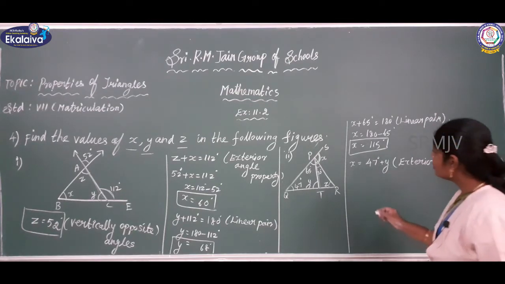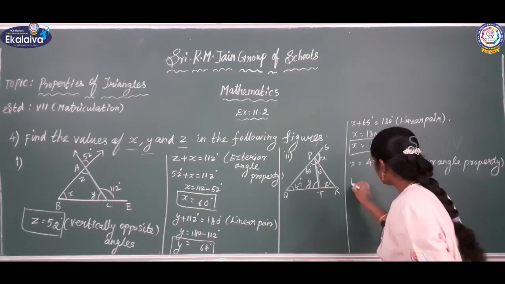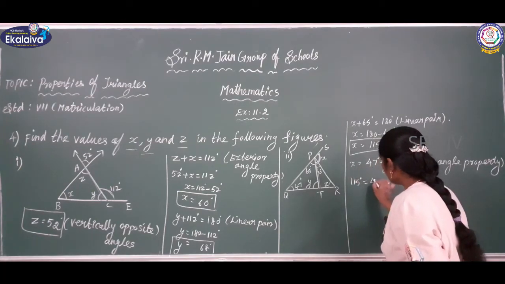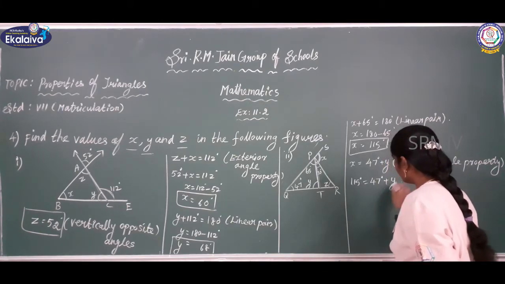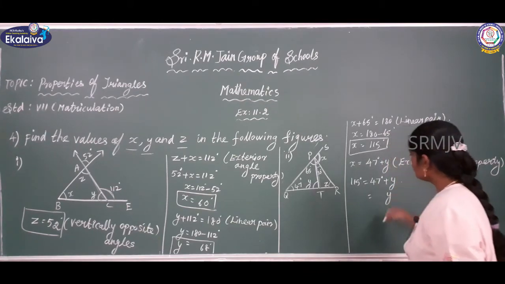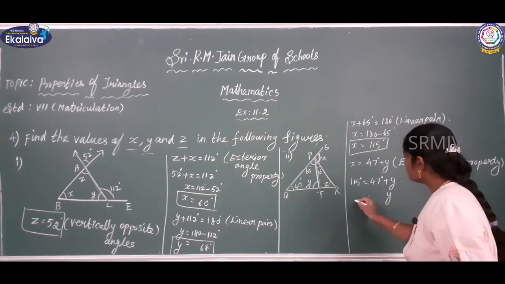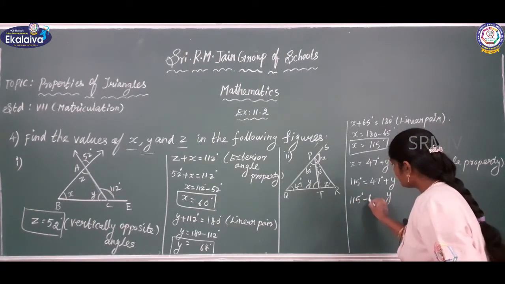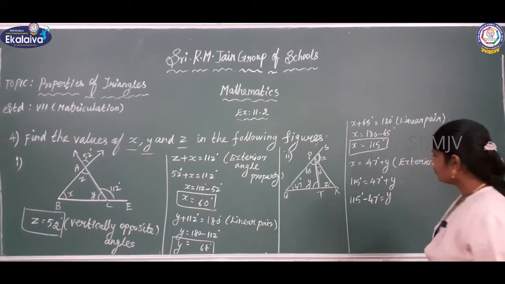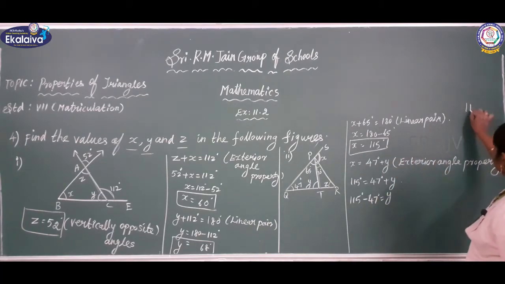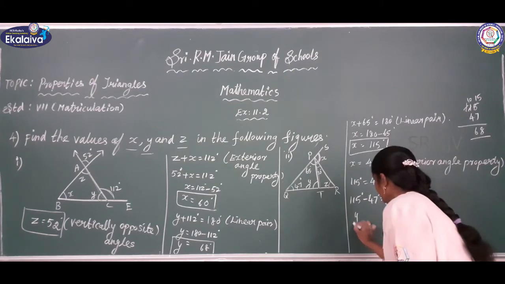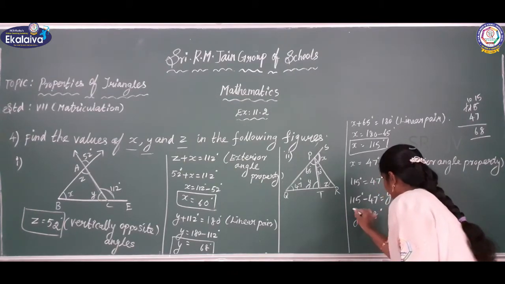So x value 115 degrees equals 47 degrees plus y. So we need to find out the y value. So keep y alone here: 115 minus 47 equals y. Now you subtract this, 115 minus 47. 15 minus 7 is 8, here 10 minus 4 is 6. So y equals 68 degrees.